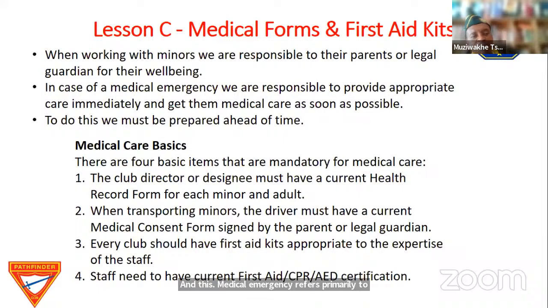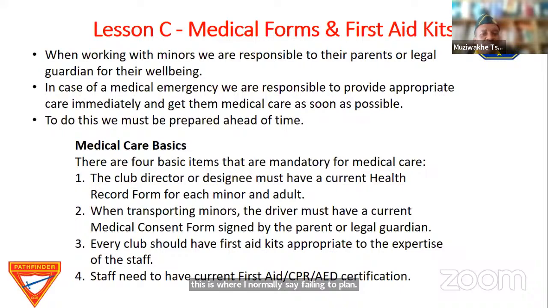And that's why it's important for us to have a valid first aid certificate or a valid CPR certificate. The other thing that's very important is that we need to be prepared ahead of time. So here, this is where I normally say failing to plan is actually planning to fail.